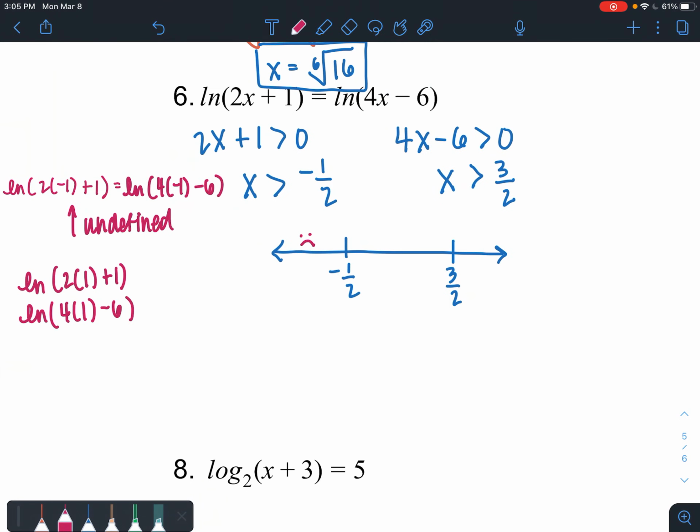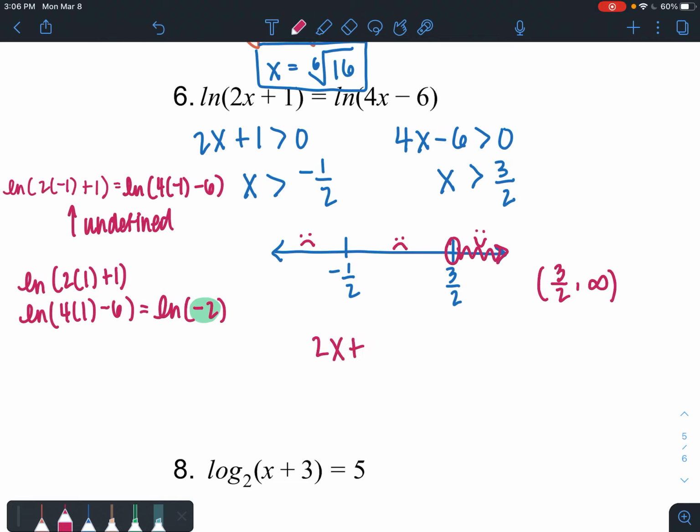Now, the reason why we're getting undefined is because this is ln of negative 2. We can't have any negative ln's, just like we talked about at the very beginning. So that is why that doesn't work. ln of 3 over 2 is going to work. I'll kind of spoil that for you. So then our answers go from 3 over 2 to infinity. Let me kind of rewrite that a little bit neater. So our domain is 3 over 2 to infinity.